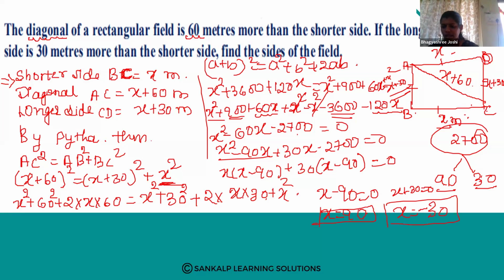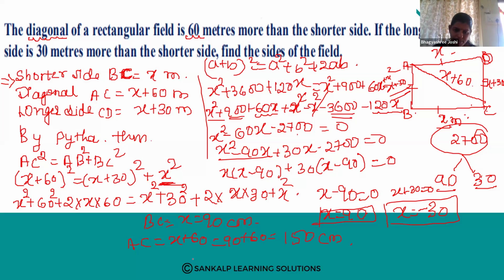Okay. So find the sides of the field. Sides cannot be negative, so let us consider the positive value, 90. So x value is 90. That is the shorter side, BC is equal to x is equal to 90 centimeter. And diagonal AC is x plus 60, so 90 plus 60 is 150 centimeter.